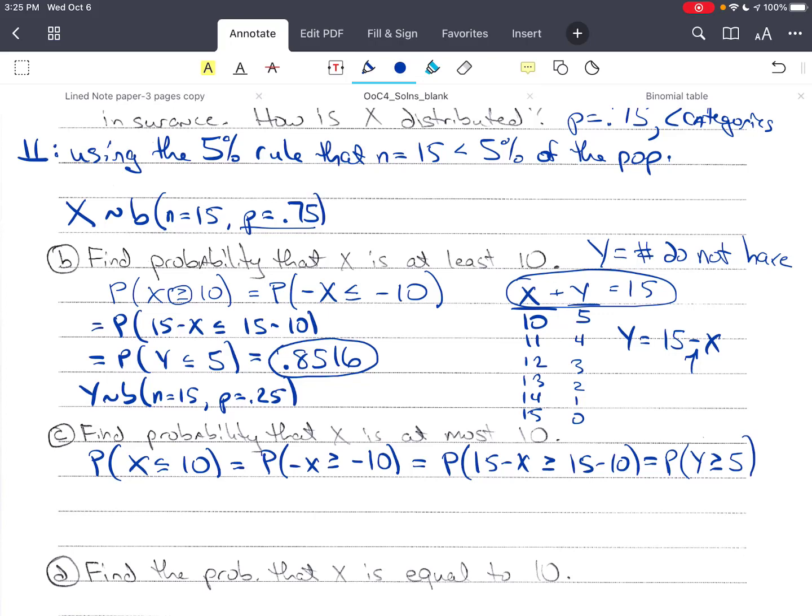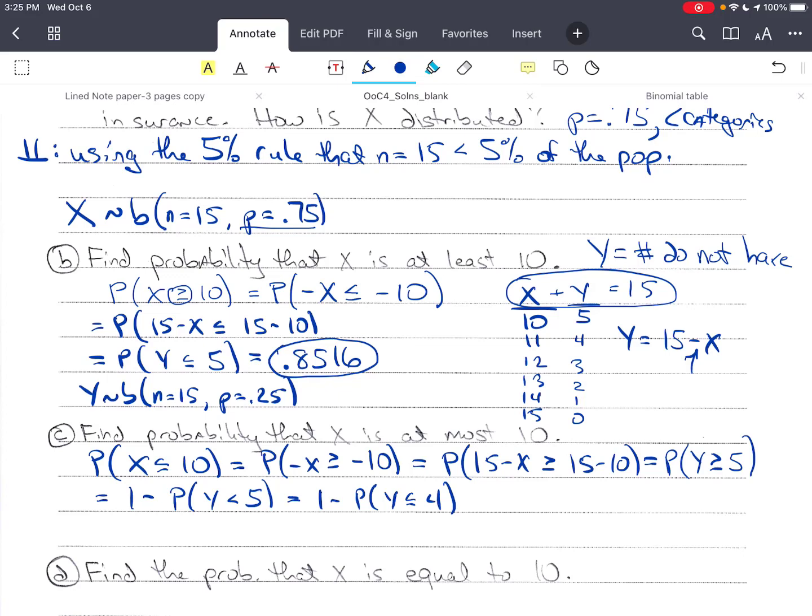But the table has the cumulative distribution, the CDF, not greater than. So if y is greater than or equal to 5, this is going to equal 1 minus the probability that y is less than 5. Or I can rewrite this as 1 minus the probability that y is less than or equal to 4.